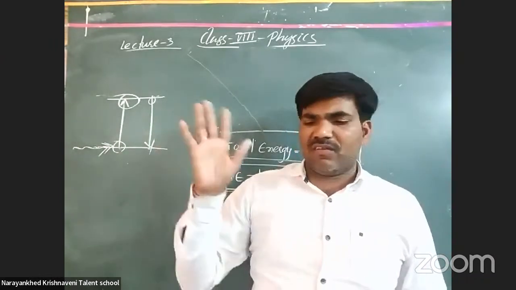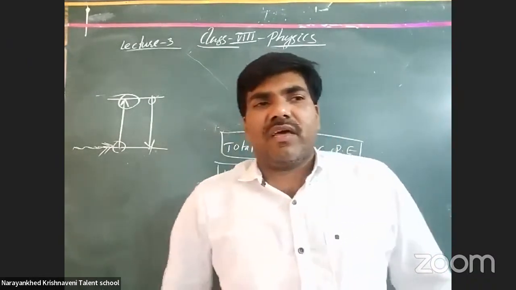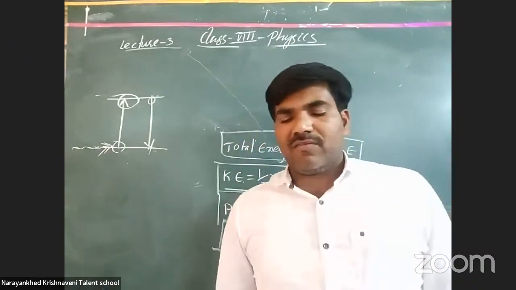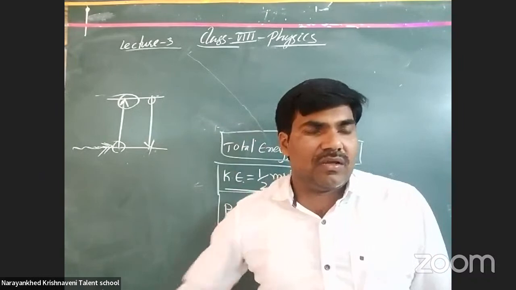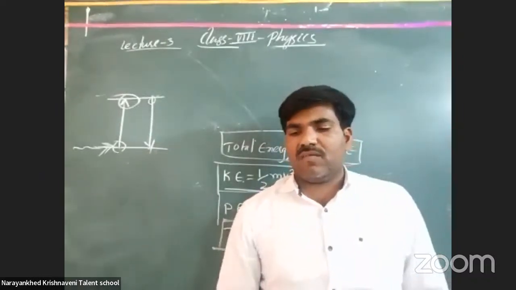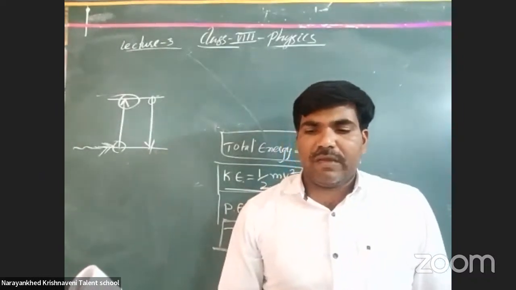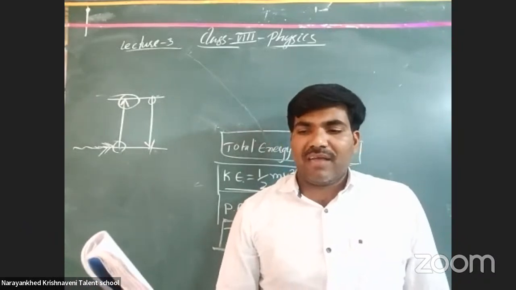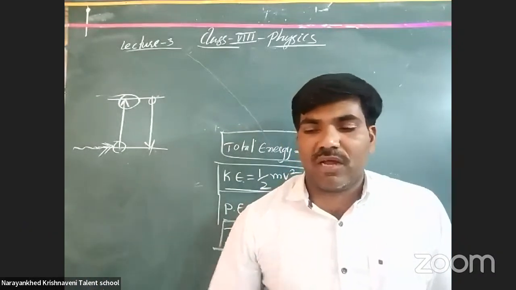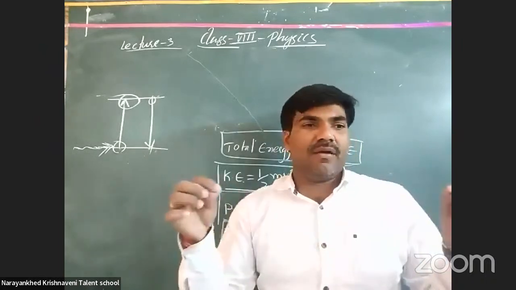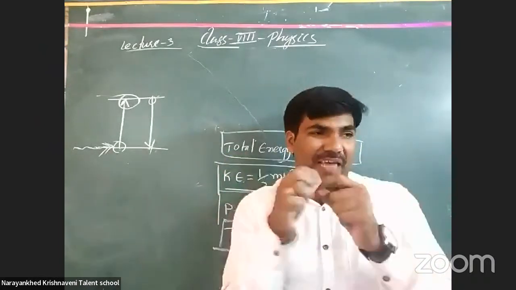Now, there are a lot of types of energies. Electrical energy is there, magnetic energy is there, and they are applicable here. There is elastic energy, energy stored in an object. You know very well, a spring or any elastic thing like rubber.